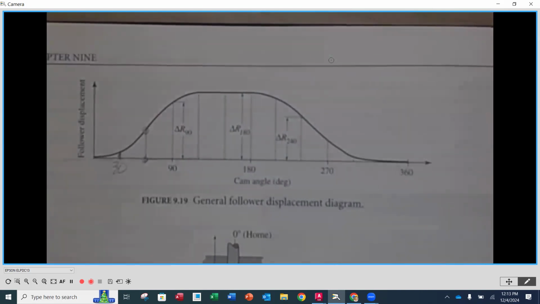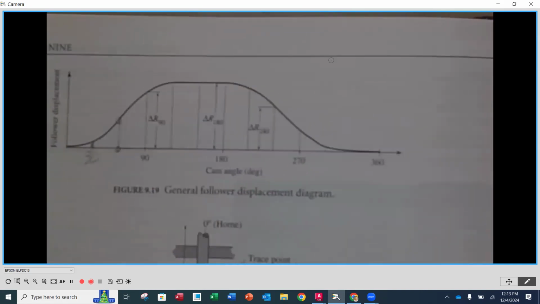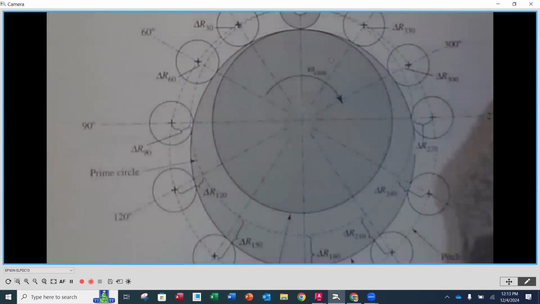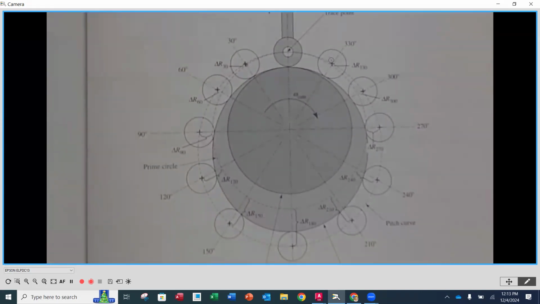Now, you'll notice that the example that they do here, as well as for your assignment, you are going to be doing it in every 30-degree increments. That's enough, and it gets us what we need. But if you wanted a more accurate, smoother curve, you could add degrees in between. If you wanted to do it every 10 degrees, or every 5 degrees, you could do that.